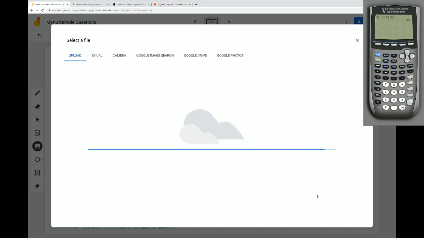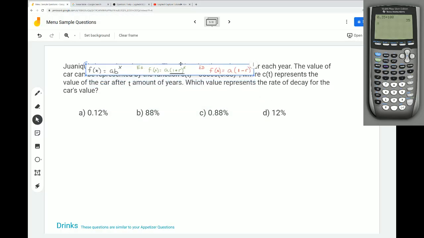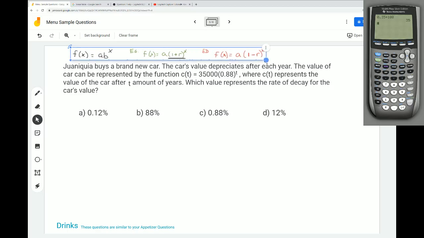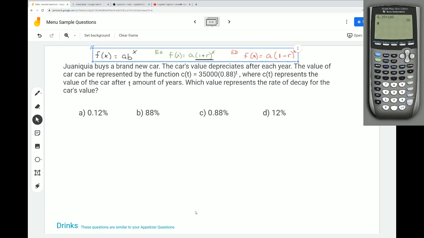Okay, so here we have our standard form, our exponential growth, and our exponential decay.